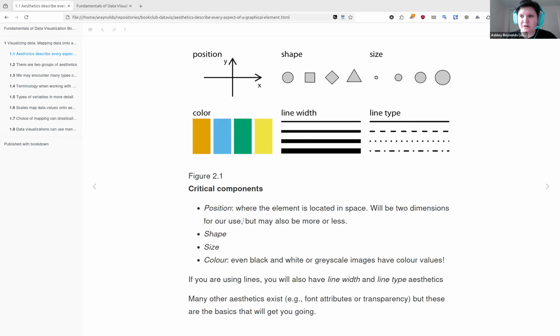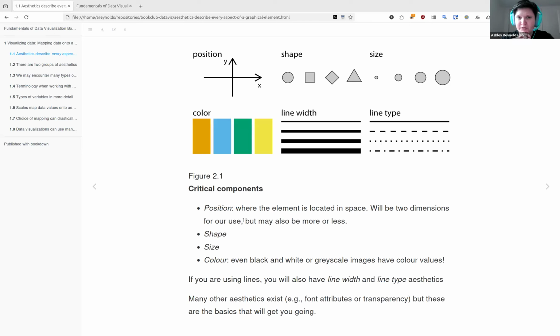If you're working on a 2D surface, like a screen or like a piece of paper, visualizing more than three dimensions is basically impossible. But I don't know, maybe you're making some sort of fancy holographic data visualization, you might have more dimensions. So yeah, we're going to be talking about two positions in our sort of discussions about visualization.